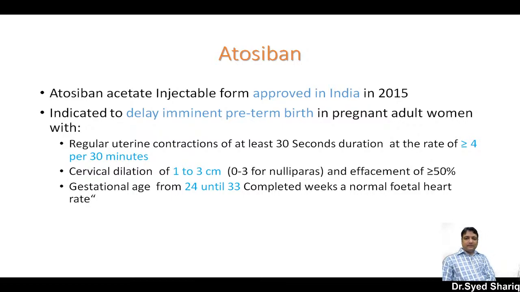It is given in preterm birth in pregnant females with certain conditions: regular uterine contractions of at least 30 seconds duration at a rate of more than 4 per 30 minutes, or cervical dilation of 1 to 3 centimeters and an effacement of 50 percent, but let's not talk about the effacement. Also, a gestational age of 24 to 33 weeks with a normal fetal heart rate.